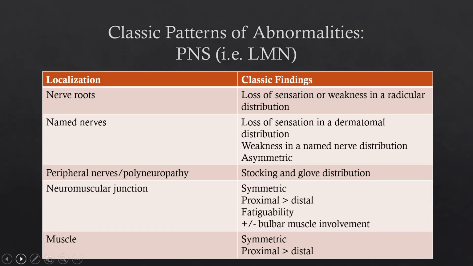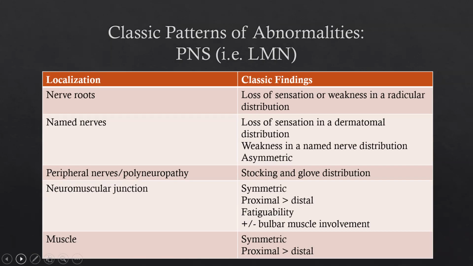Whereas for specific nerves, you get loss of sensation in a dermatomal distribution, and then you get weakness in a named nerve distribution. And this generally tends to be asymmetric. So an example is, for instance, a sciatic nerve injury, where you get predominantly distribution of injury or weakness which is consistent with the sciatic nerve supply.